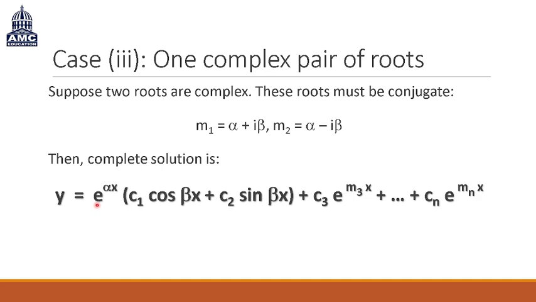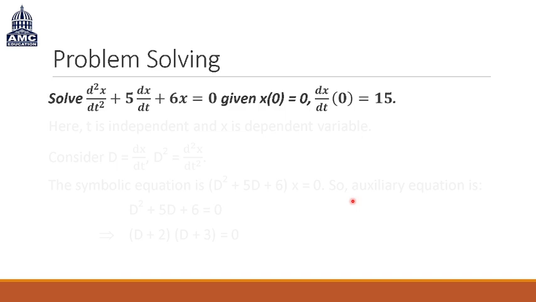So e to the power alpha x multiplied by c1 cosine beta x plus c2 sine beta x. This takes into consideration the two complex roots, and the other roots which are real but distinct, we place later, as we had seen in case 1.